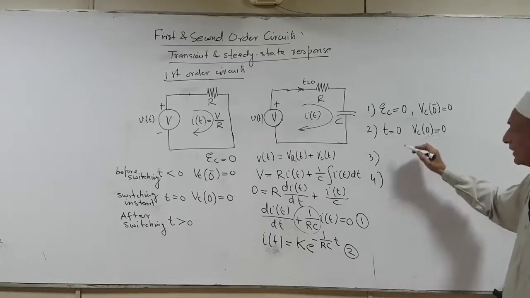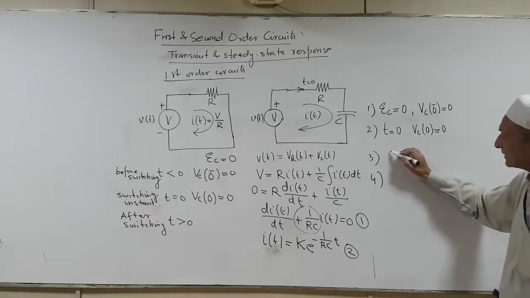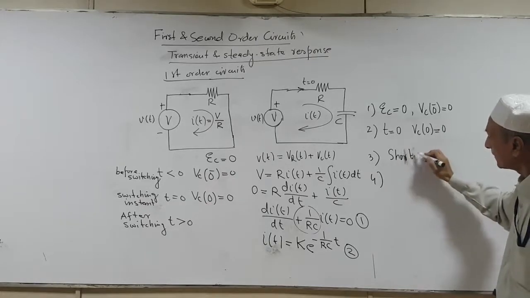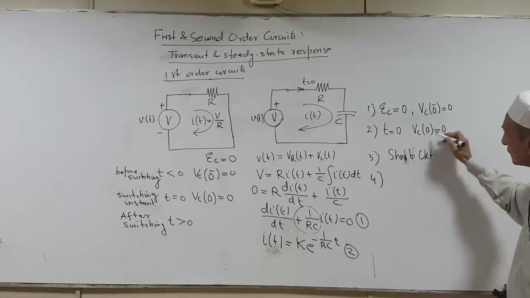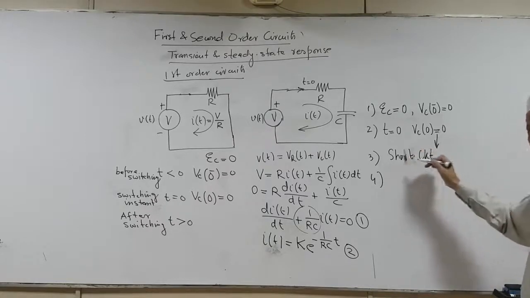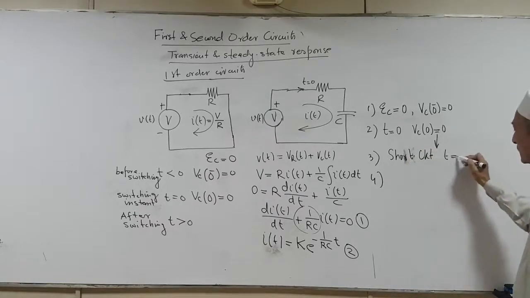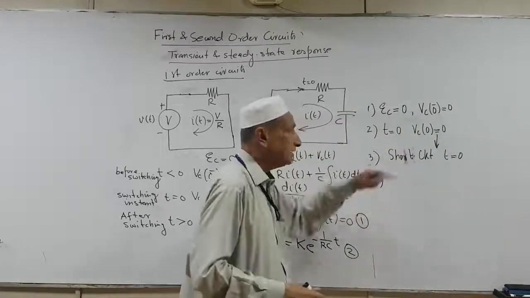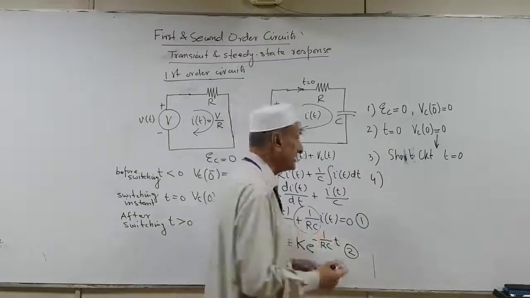Now, in this case, we can say that the capacitor actually behaves as a short circuit, because voltage 0 is the condition for a short circuit. So, at t is equal to 0, at the instant of switching under such a condition, the capacitor will behave as a short circuit.